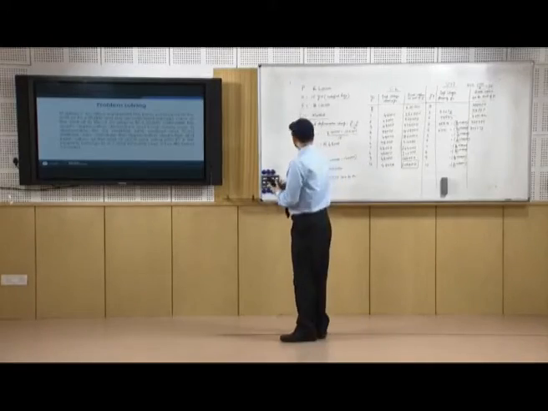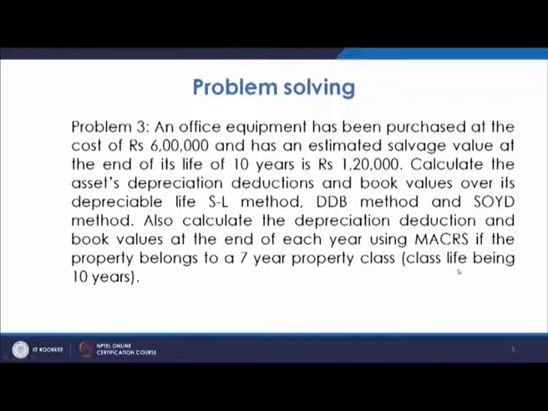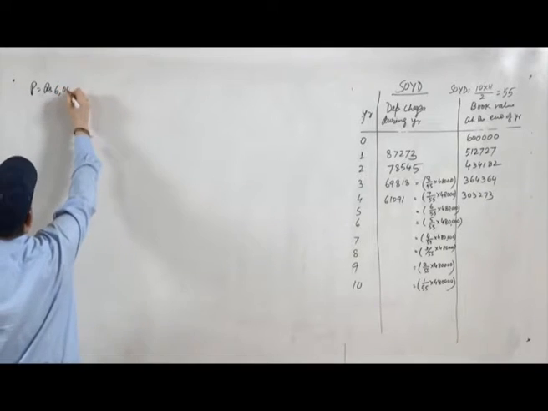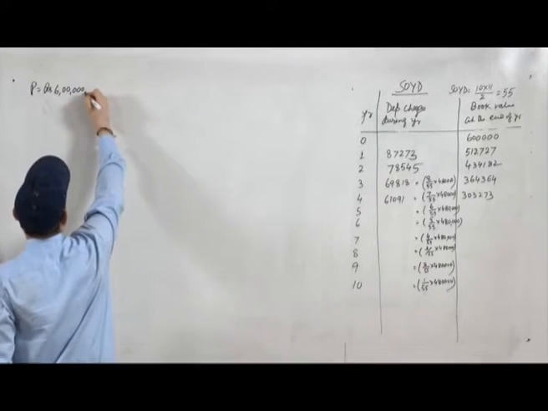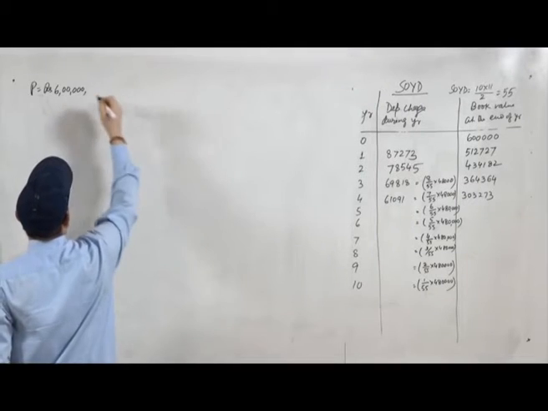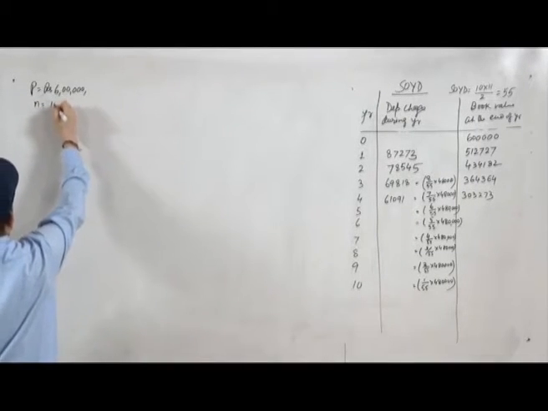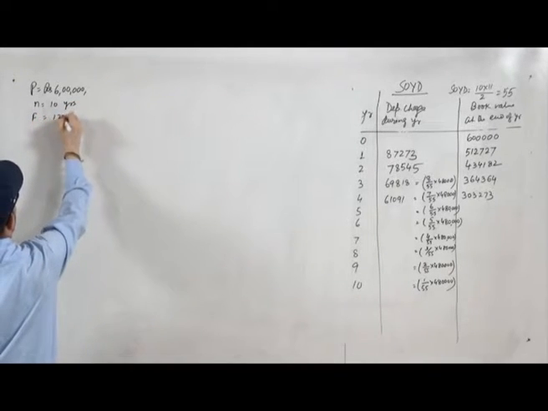We will solve it using declining balance as well as MACRS. Now, using the declining balance method, and that too the double declining balance method. P is rupees 6 lakh, N is 10 years, F is 1,20,000.